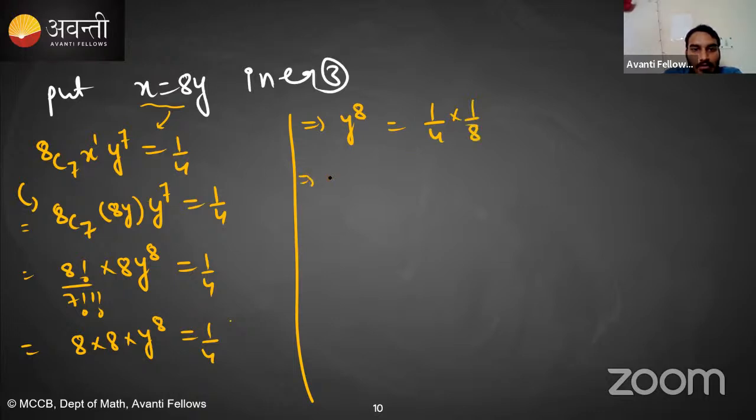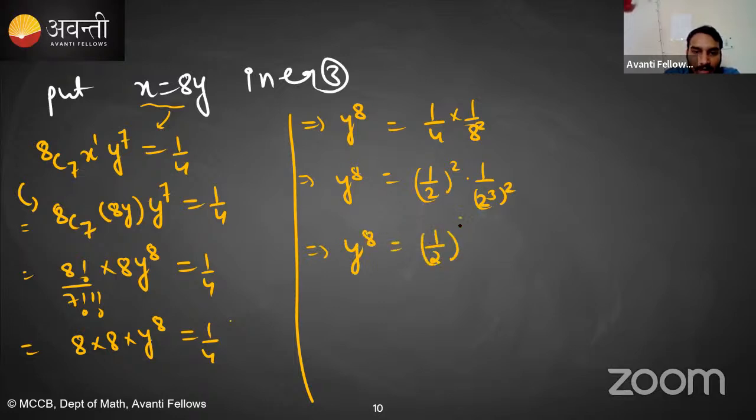So y raised to the power 8 is nothing but 1 by 2 whole square into 1 upon 2 cube whole square, since 8 I can write as 2 cube. So y raised to the power 8 is equal to 1 by 2 raised to the power 8. Clear?